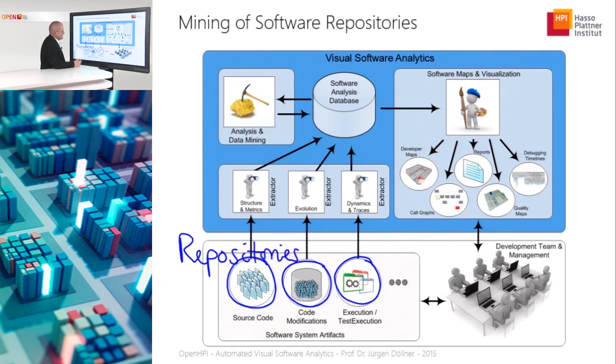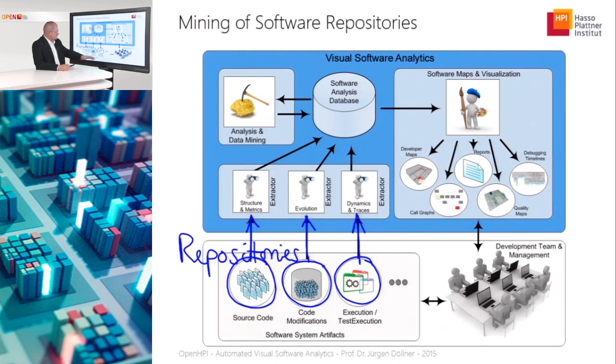And now a key task for software analytics is to put that data into a consistent database that stores software analytics and software analysis data. This is done by so-called extractors.